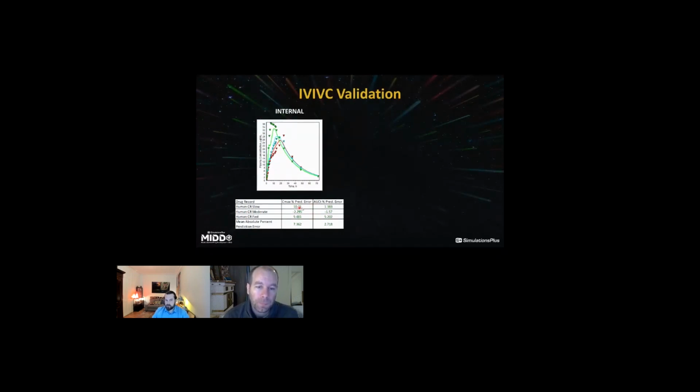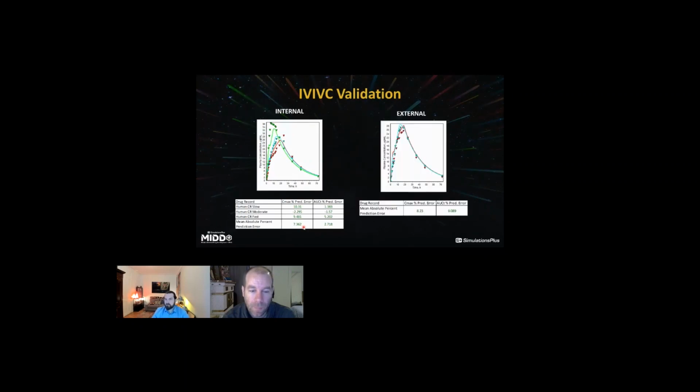The mean absolute percent prediction error was also below 10% for the Cmax and the AUCs, meaning the internal validation was accepted. For the external validation, we used data that were not used to build the IVIVC. For those formulations, the criterion is simply that the mean absolute percent prediction error has to be less than 10%.